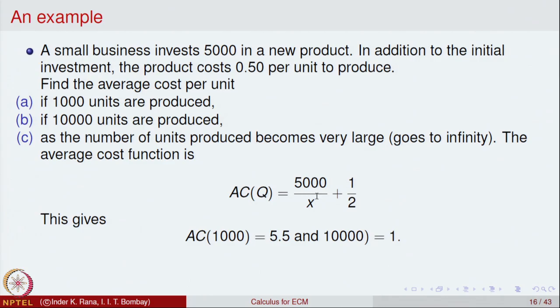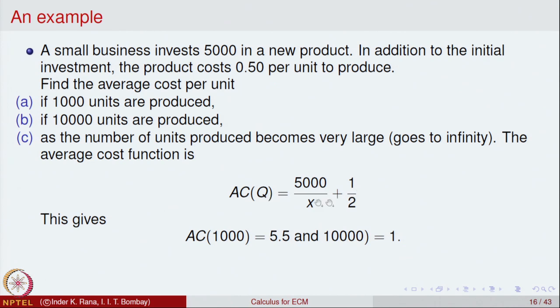So, this is 5,000 invested, and x is the number of units, or q or x. Here q is equal to x, the number of units being produced, and it costs 0.5 per unit to produce. That gives you an additional average cost of half per unit.